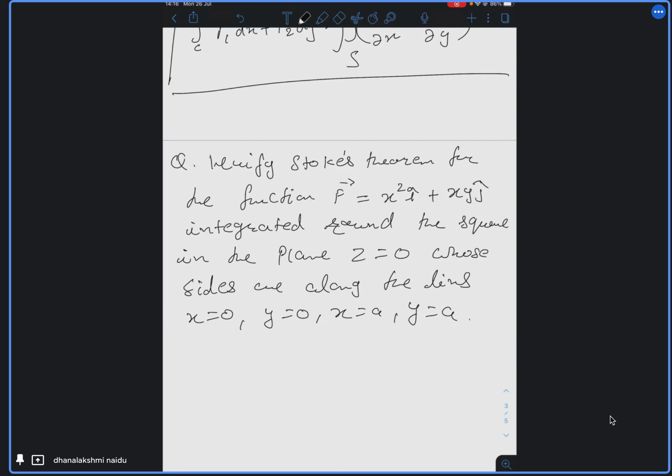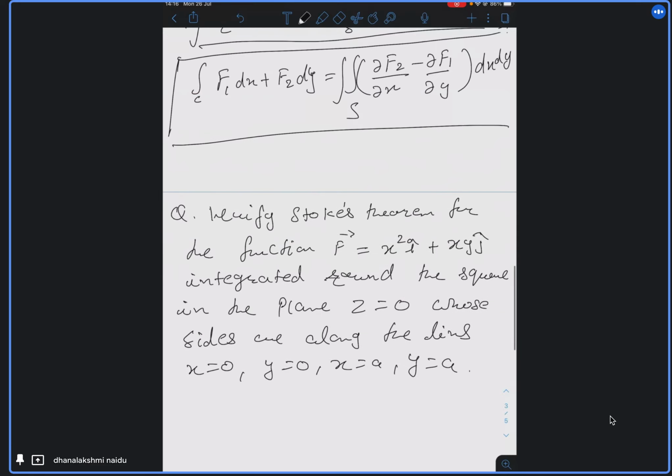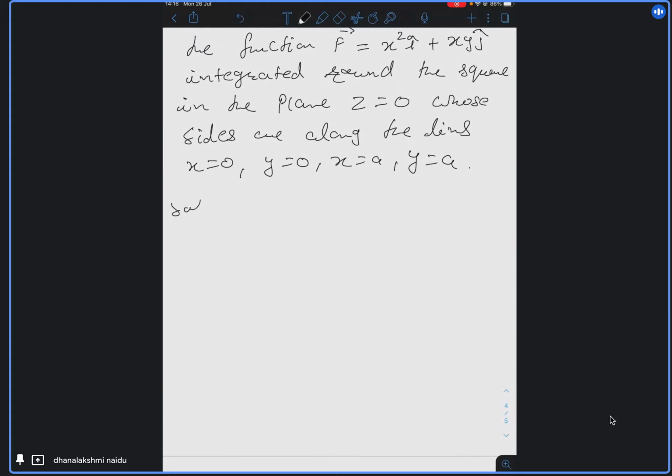So here is the problem, and again verification is given. Whenever verification is given, always solve the RHS part first. That would be easy, and at least you will have an idea what answer to get when solving the LHS also. So let us solve this one. To solve RHS, we need the curl of f bar.